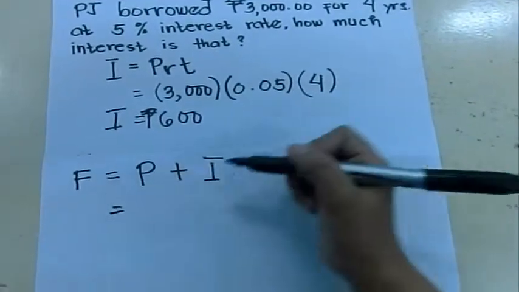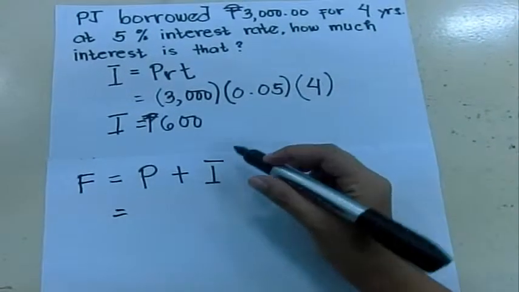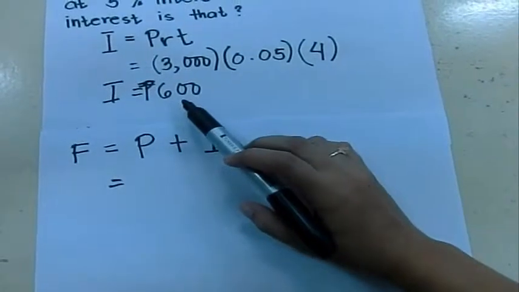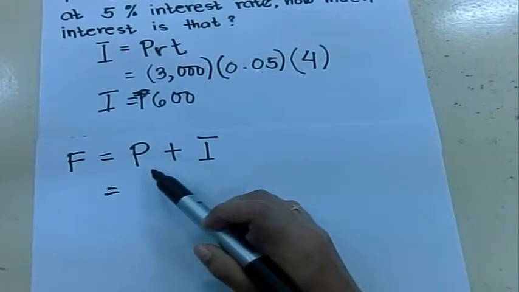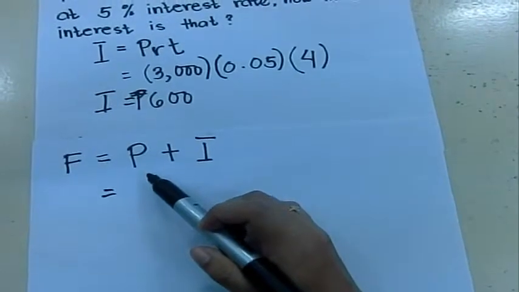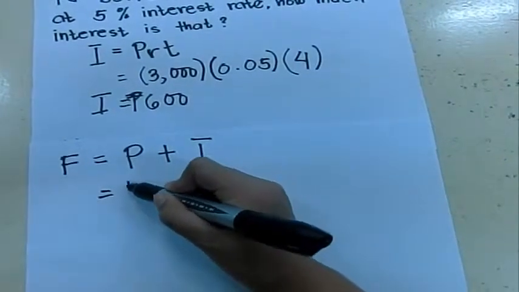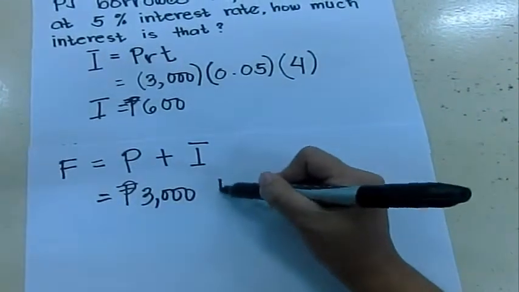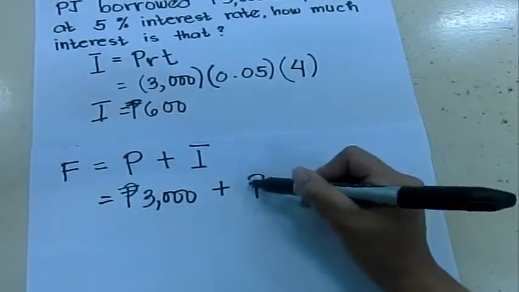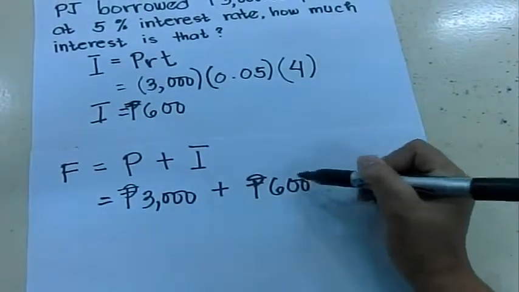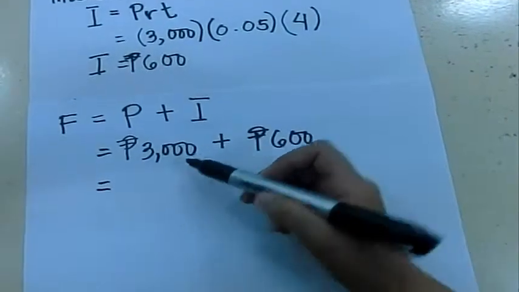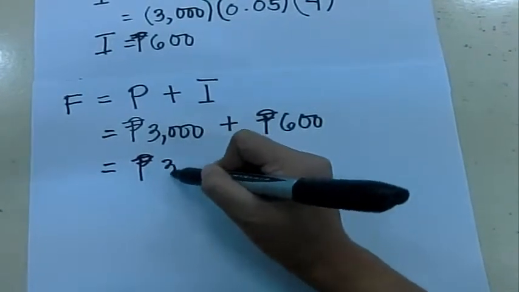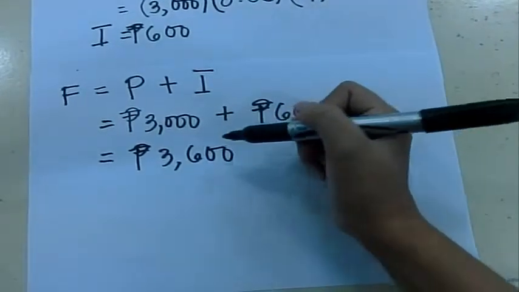The principal is 3,000 pesos plus the interest of 600 pesos, so 3,000 plus 600 is equal to 3,600 pesos.